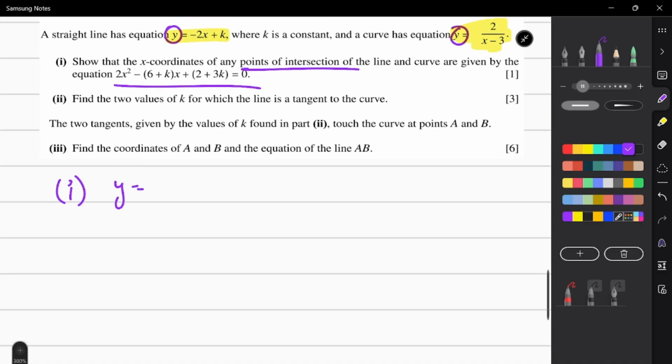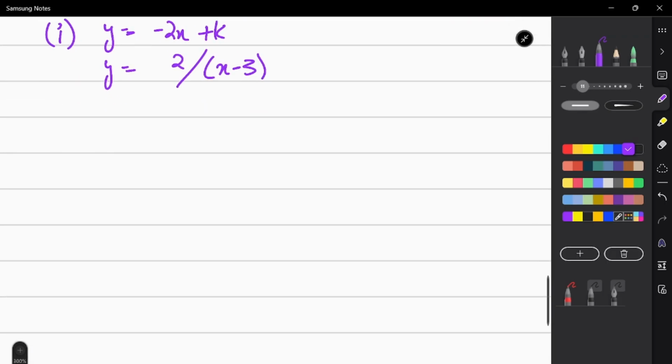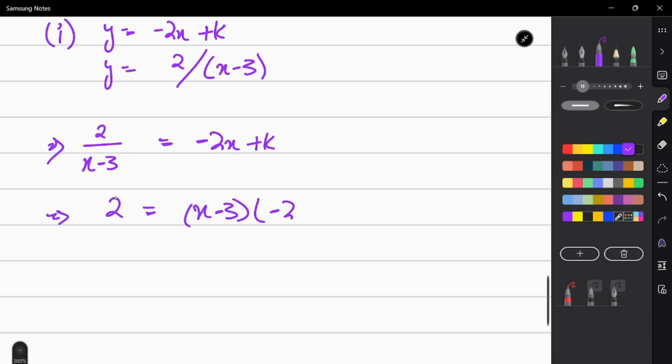So let's do this. y equals minus 2x plus k. y equals 2 upon x minus 3. When you equate the two, you're going to get something like this, hopefully. Take x minus 3 to that side to expand it.